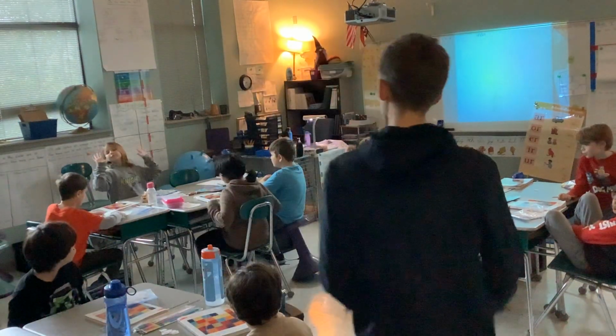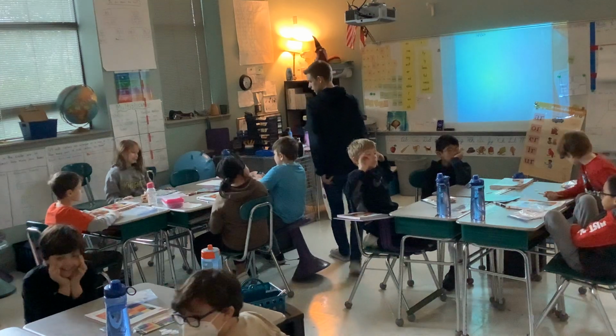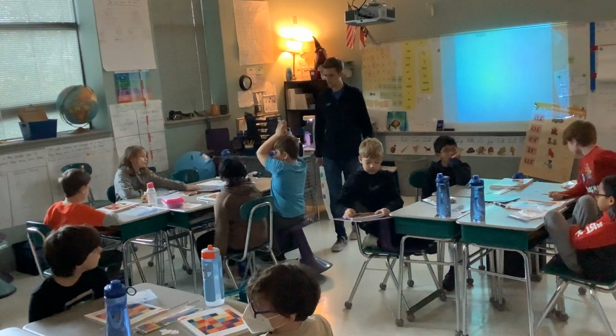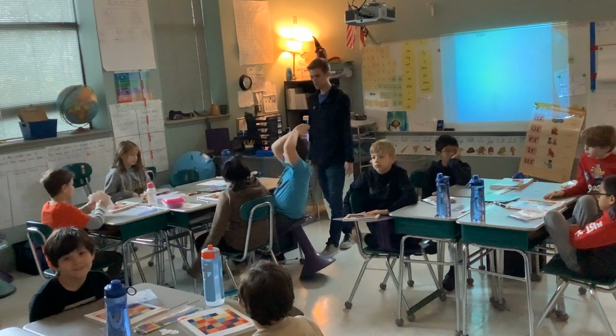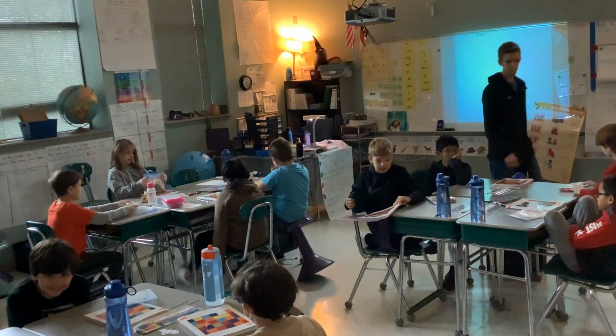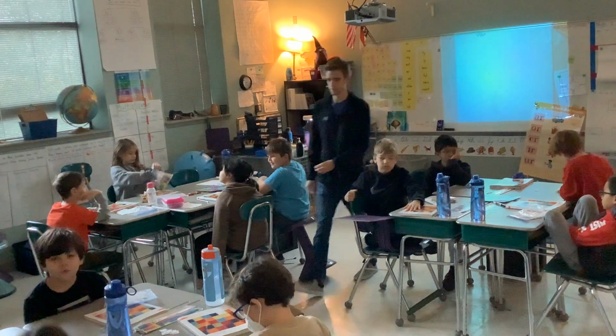All right, so if you're partner B, if you're partner A, I would like you to take out just about 4 or 5 or 6 of your colored tiles. I want you to have a couple. I want your partner to have a couple. Go ahead and do that now.